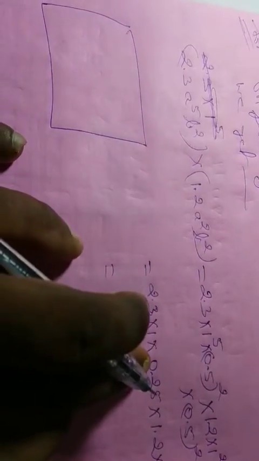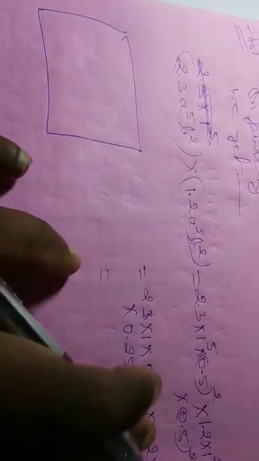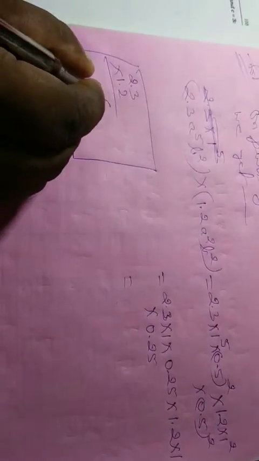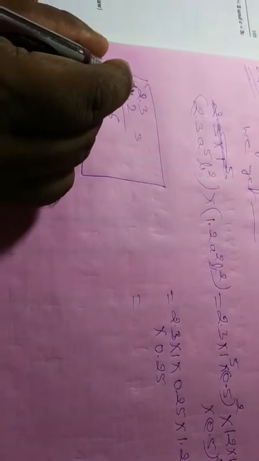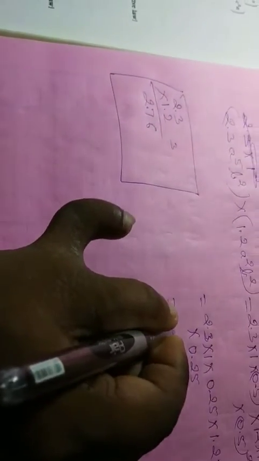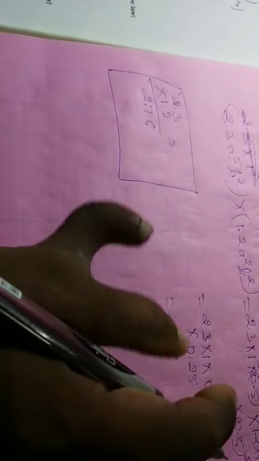Suppose this is rough. 2.3 and 1.2: 12 3 is 36, 12 2 is 24, 3 is 27, so 2.76.